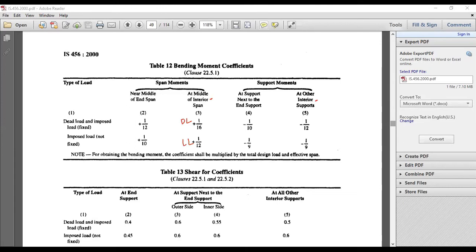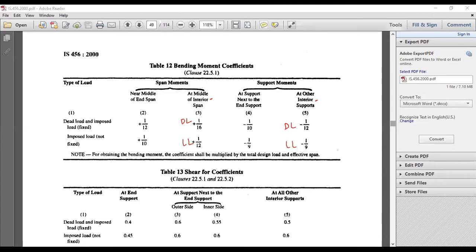After that, at the interior supports, what is this coefficient? At the interior support, this is the coefficient for dead load, minus 1 by 12, and this is the coefficient for live load, minus 1 by 9. So dead load minus 1 by 12, live load minus 1 by 9.